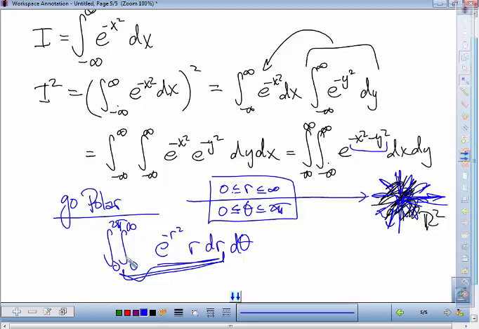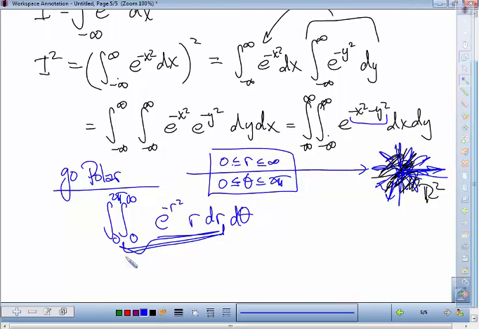Right? And then you have the integral from 0 to 2 pi of d theta, which you can take out separately. So this is 2 pi minus 0.